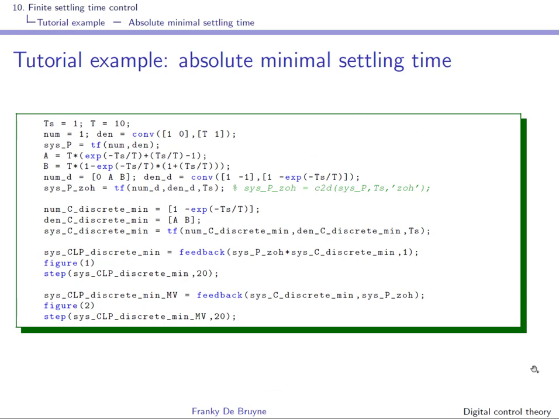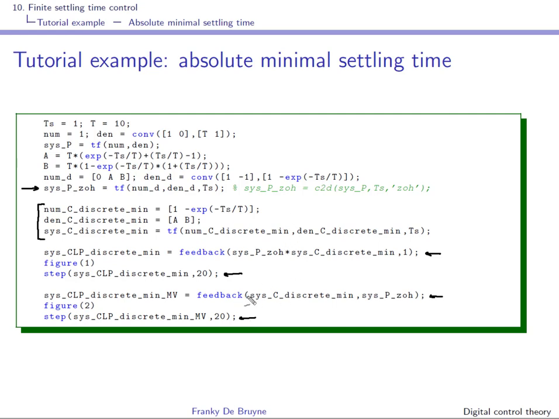Well, this is the Matlab code to test this absolute minimal settling time controller. So here you obtain the ZOH equivalent description. We could again have used the command C to D. This is this absolute minimal settling time controller, and then you can compute the relevant transfer functions and look at the step responses.